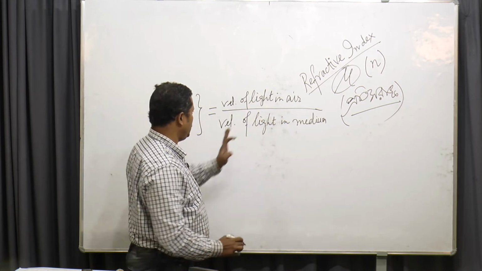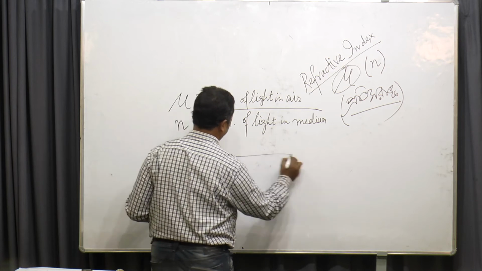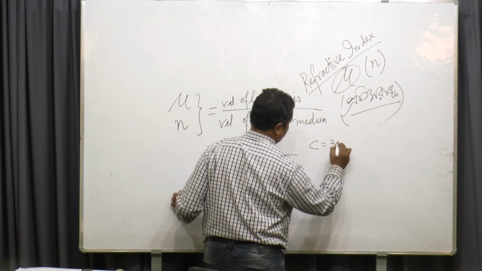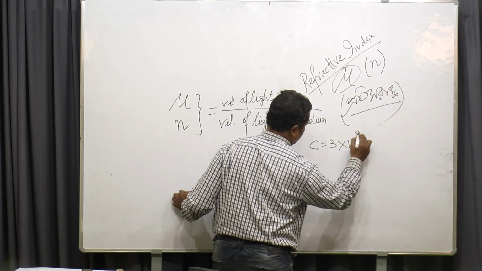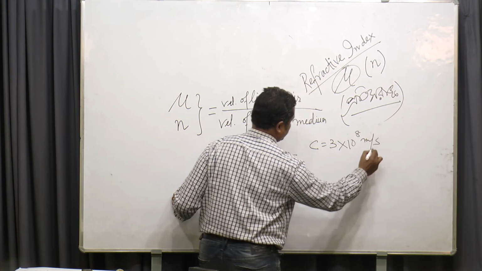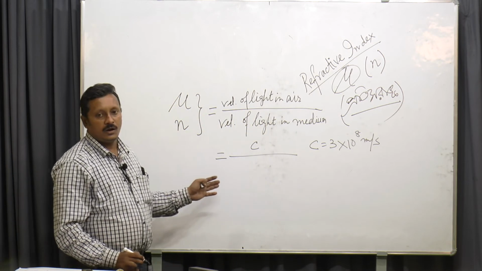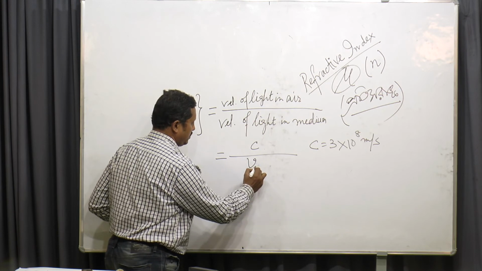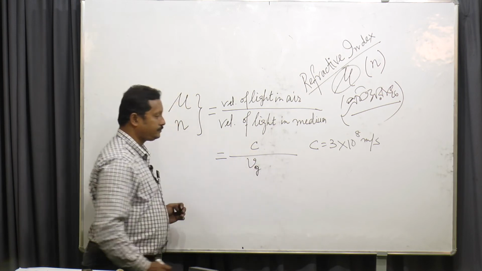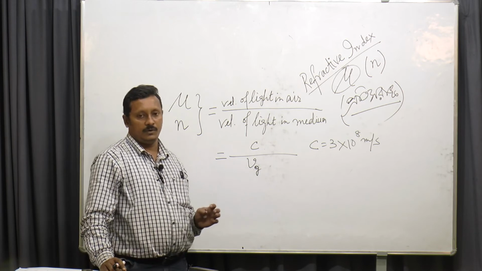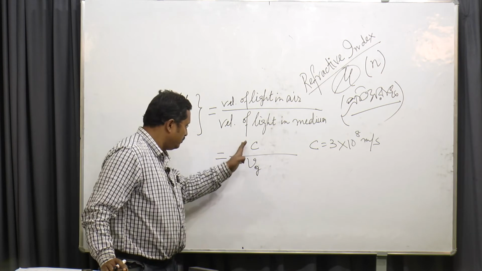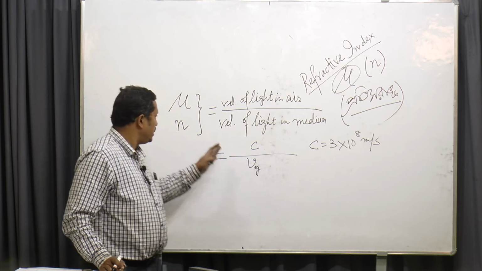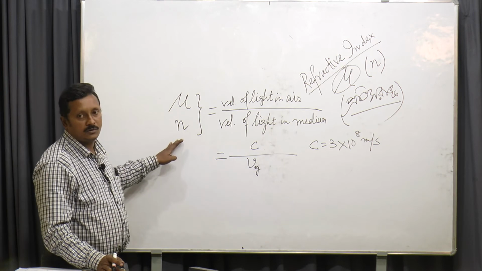Now velocity of light is fixed in air. It is given as c. C has a value 3 into 10 to the power 8 meter per second. So it is the fixed value. And the medium, if it is glass, that will be Vg. So for a given medium, these two values are constant, so you cannot change those values. So indirectly this mu and n also become constant.